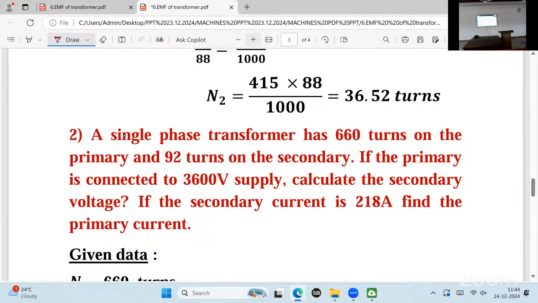If the secondary current is primary current, I think you got this question in the previous question paper.